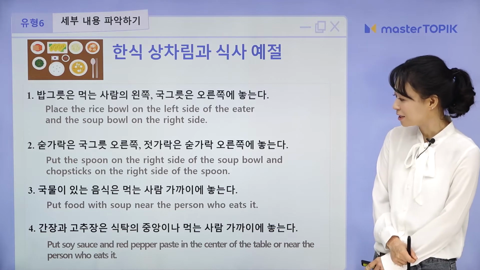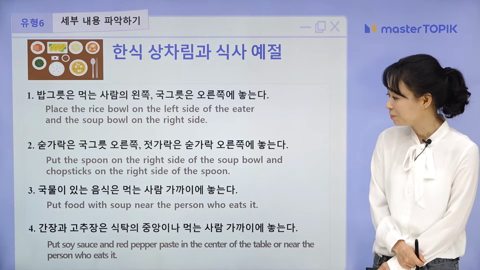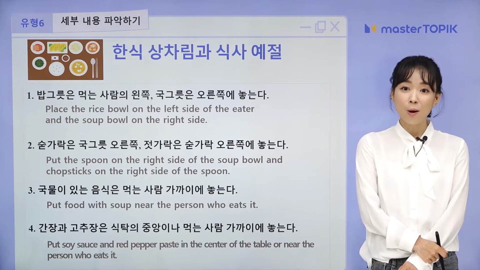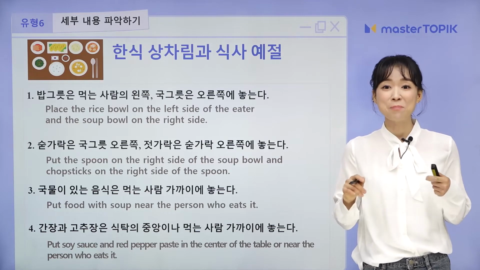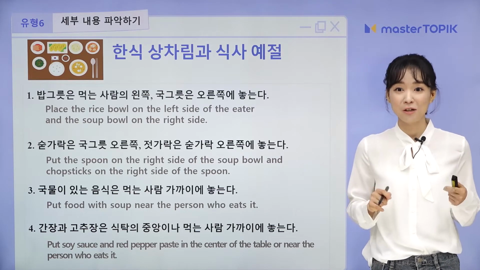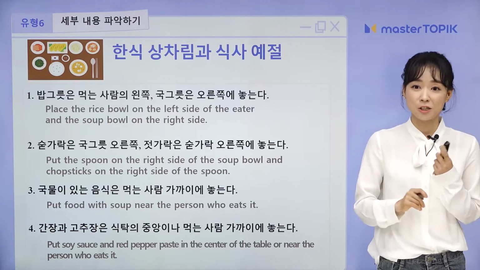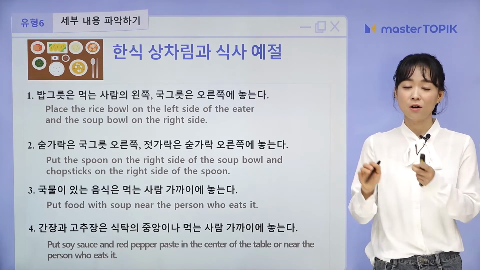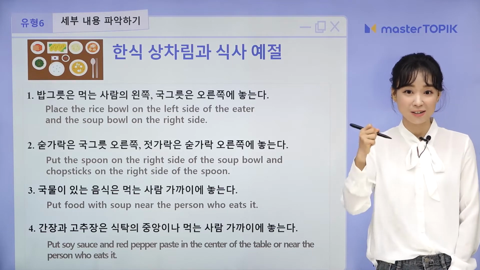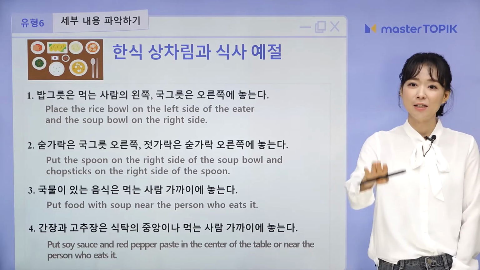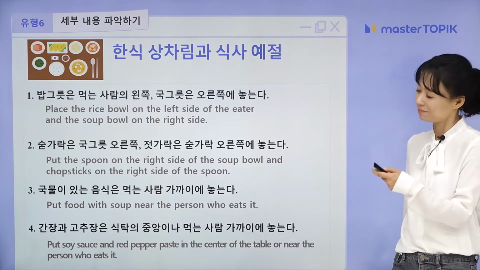Put soy sauce and red pepper paste in the center of the table or near the person who eats it. Soy sauce and red pepper paste are main ingredients for cooking Korean food. However, you also use them as a dipping sauce for certain foods. So when you use it as a dipping sauce, you put it in the center of the table or near the person who eats it.